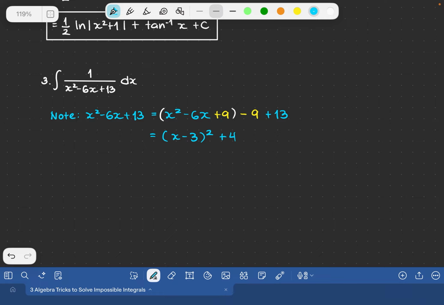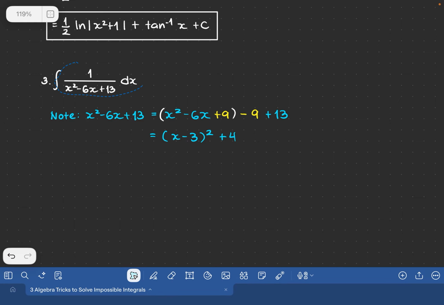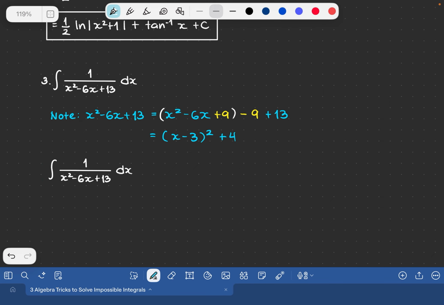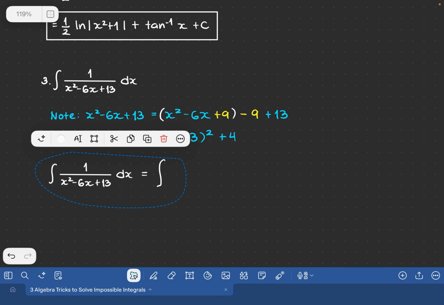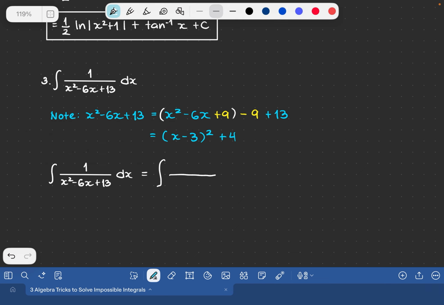So let's rewrite the given using this one. We can rewrite this as 1 over x minus 3 squared plus 4 dx.